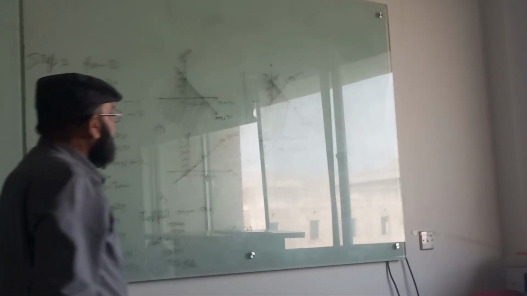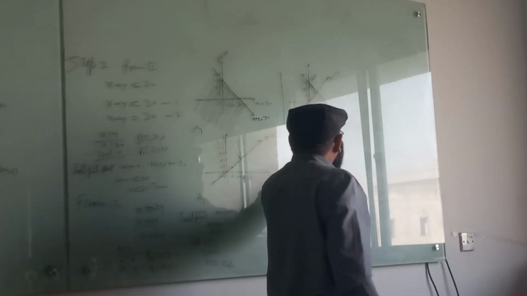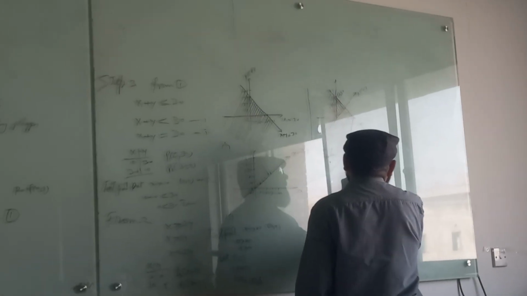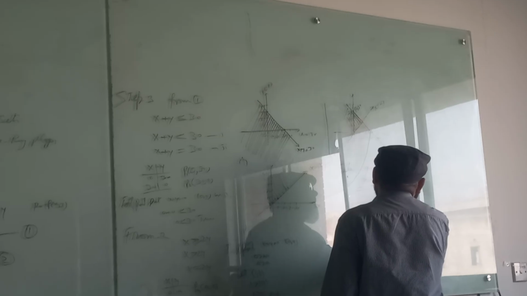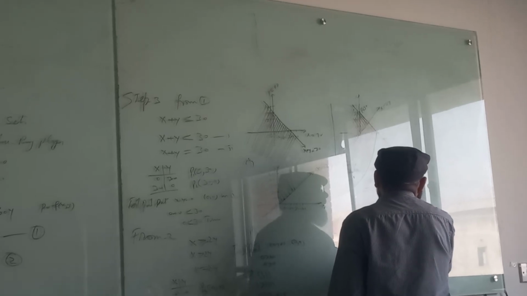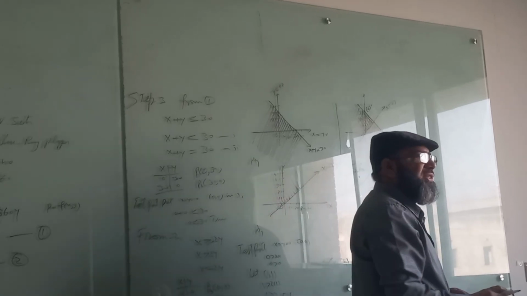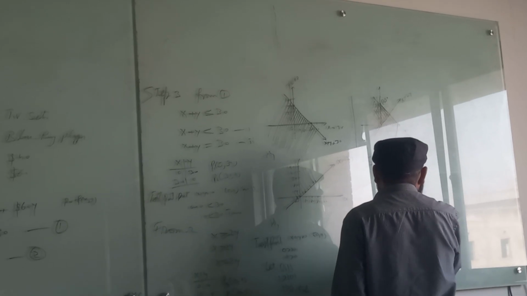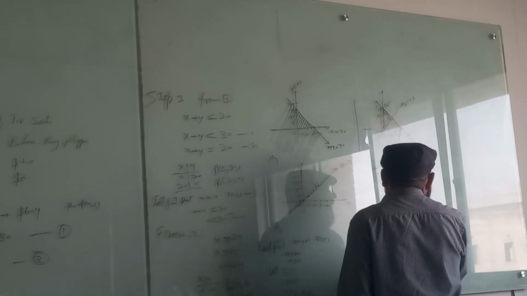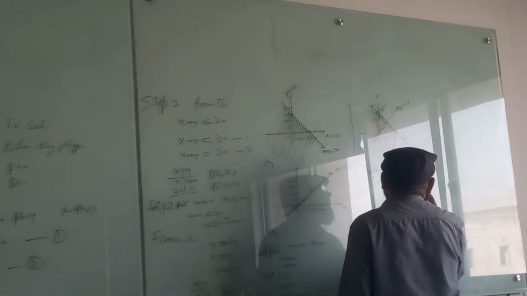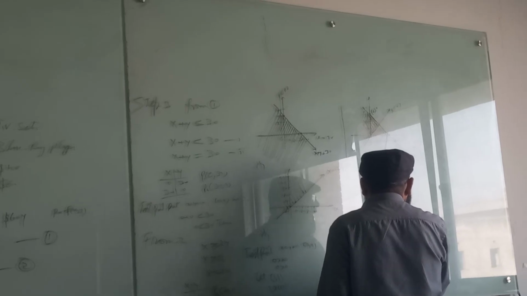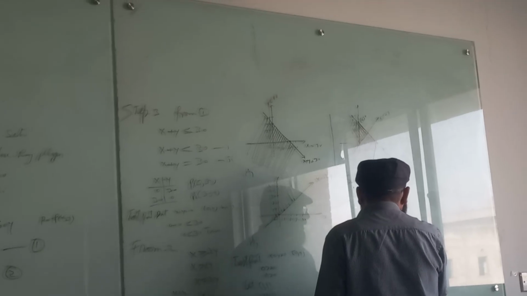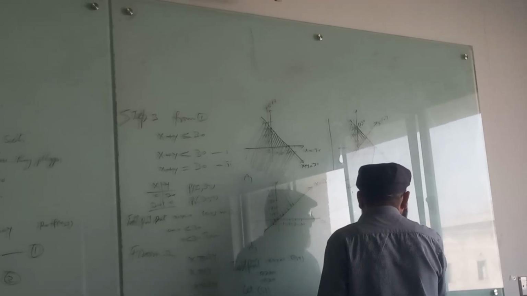Just subtract. It will be 3y equal to 30, y equal to 10. So y is 10. Put this value here. Y equal to 10. x plus 10 equal to 30. x equals 30 minus 10 equal to 20.